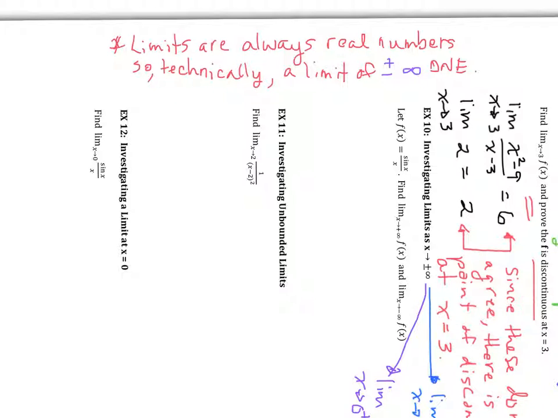Not to try to confuse you, but I just need you to understand what your book is doing. Sometimes they'll give you the answer as infinity, and sometimes they'll give the answer as undefined. You need to understand why they're doing that.